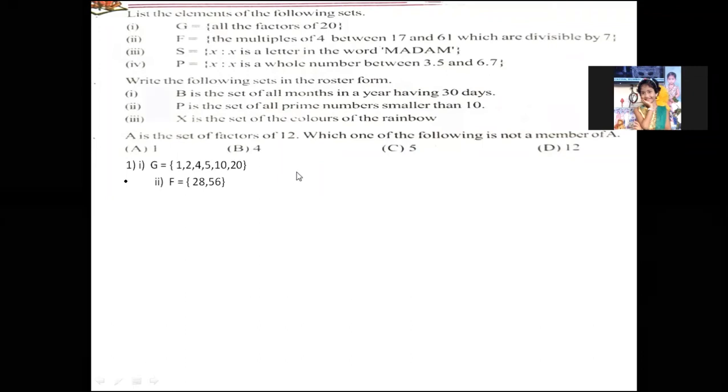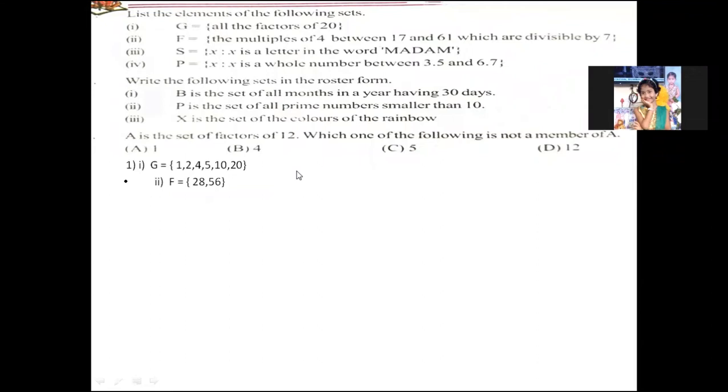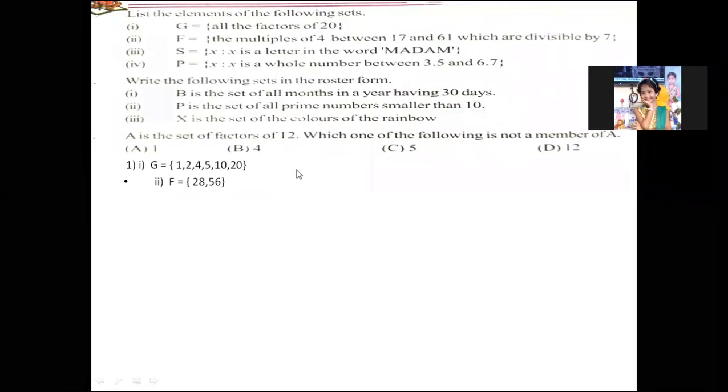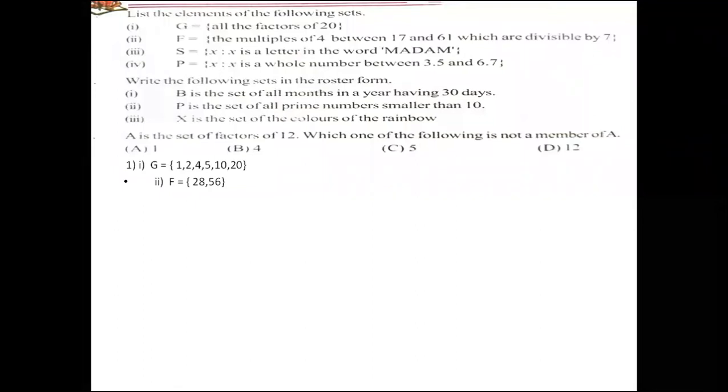Now the next, second Roman in the first question, F is equal to the multiples of 4 between 17 and 61, which are divisible by 7.